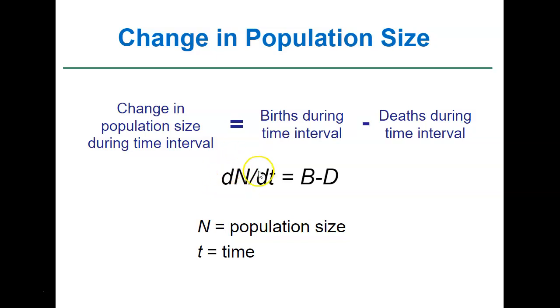So the change in the population over a given period of time. T is time. And so obviously that represents however many people were born minus however many people died, because that would represent the net gain of individuals. And if it is possible that more people died than were born, then that's negative, meaning that the population actually decreased over time.